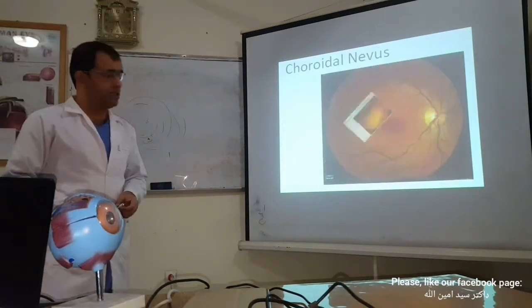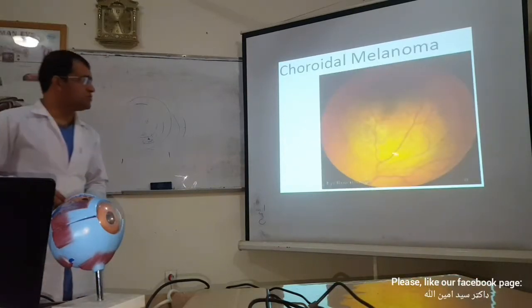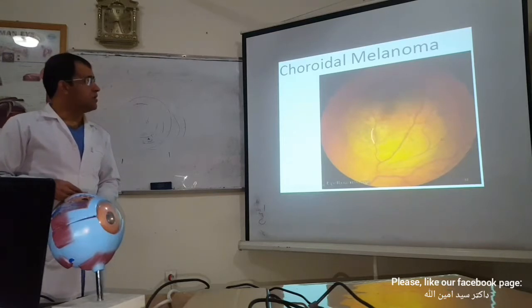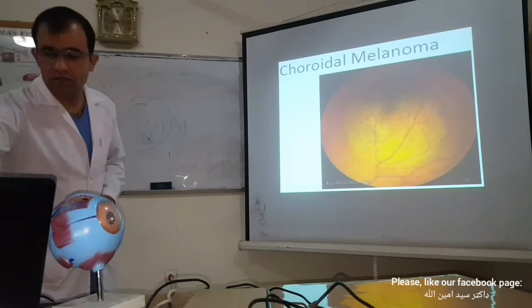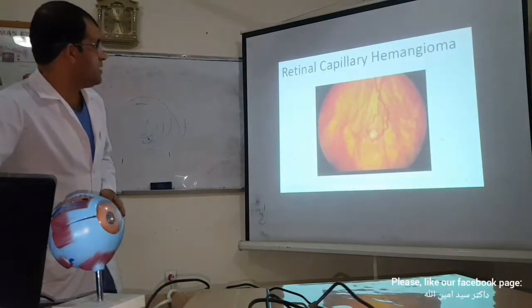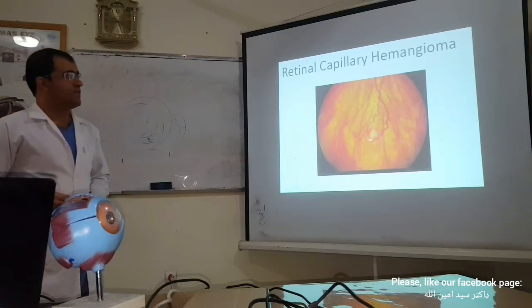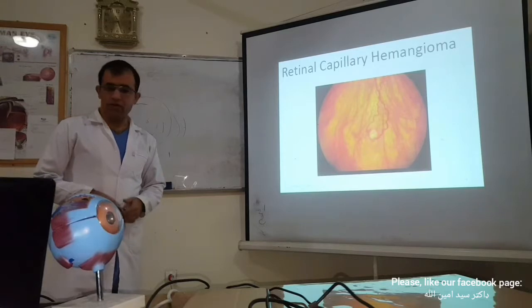Next, choroidal melanoma or choroidal tumors, we say they are going to be colored with brown. So, if you see some kind of lesions like this, you may color them with brown. And also retinal capillary hemangioma, if you see they are colored with red, and you must be aware of it.